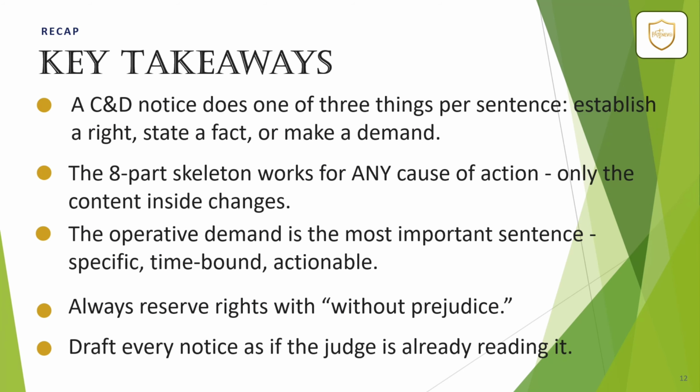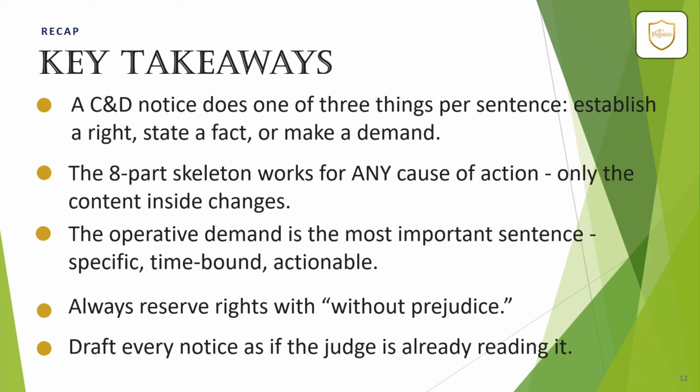So let's recap. Every sentence in a cease and desist notice does one of three things: it establishes a right, it states a fact, or it makes a demand. That is the eight part skeleton for any cause of action, and now you have seen it. We have built it live and seen it sitting on a fully formatted professional document.